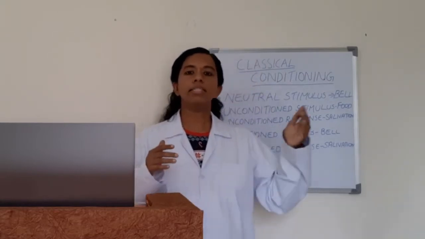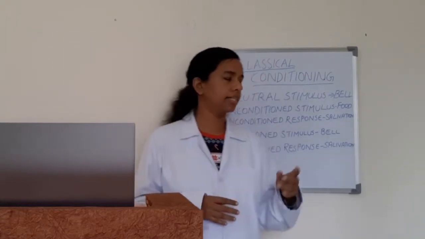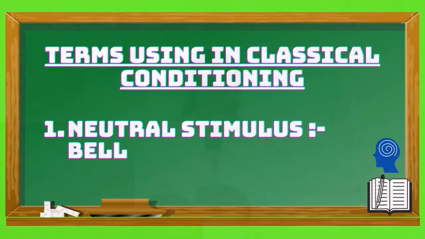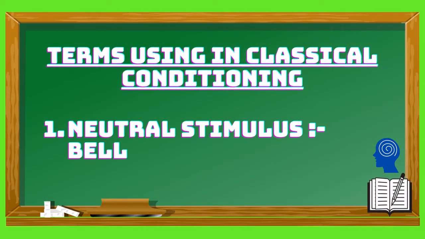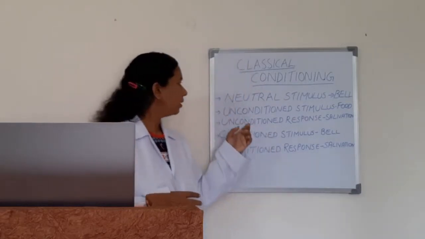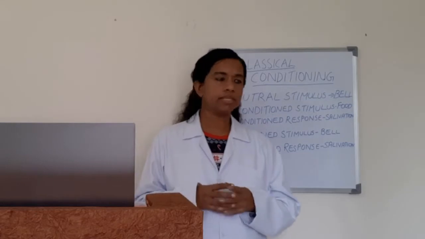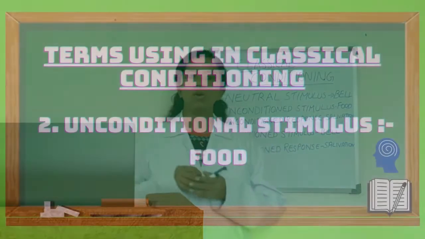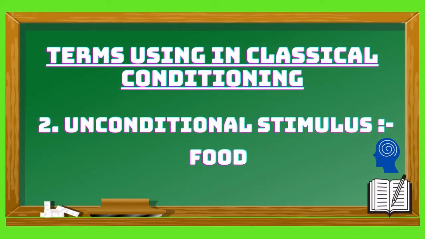Now let us see the terms used in classical conditioning. One is the neutral stimulus, that is the bell. Initially the bell acts as a neutral stimulus, which means it has no response from the dog. Next is the unconditioned stimulus, that is the food, because usually the sight or smell of food causes salivation in the dog.